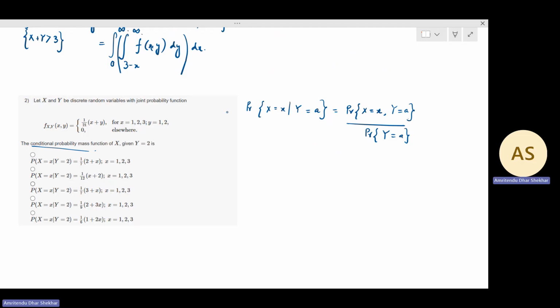Right? So the probability of Y equal to a is essentially obtained by marginalizing over X. Let me write it down.